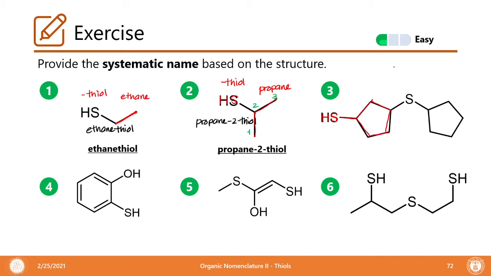Okay, so we have a thiol, and we have what seems to be a cyclopentyl or cyclopentane. Okay, so cyclopentanethiol. Now let's name this. Okay, which is a cyclopentyl group substituent.